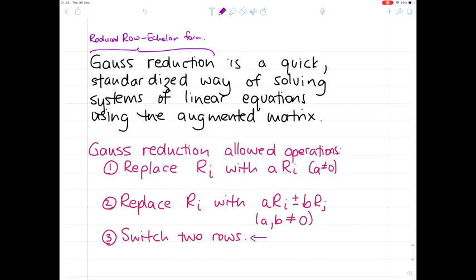We said that we could switch two rows, we could replace a row with a multiple of itself, so long as that multiple is not 0, and then finally we could replace a row by multiplying that row by something and adding or subtracting a multiple of another row. And again, those multiples mustn't be equal to 0.